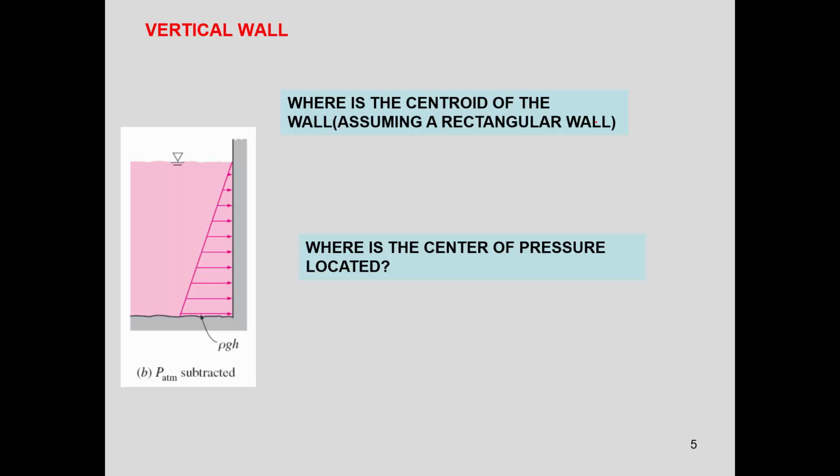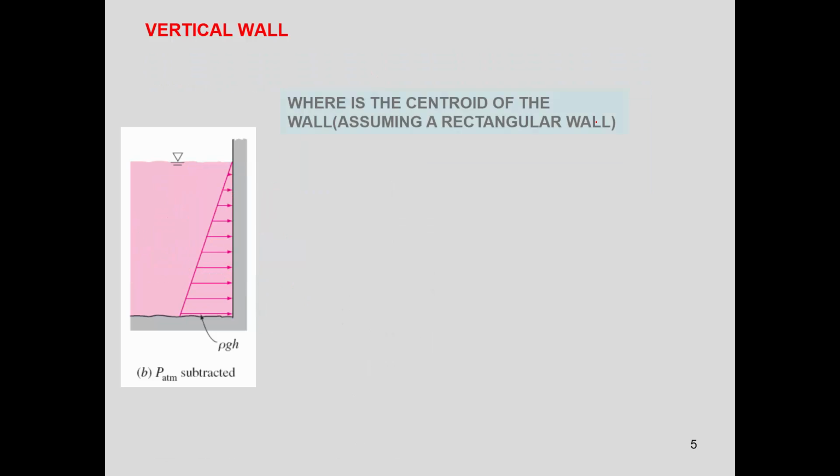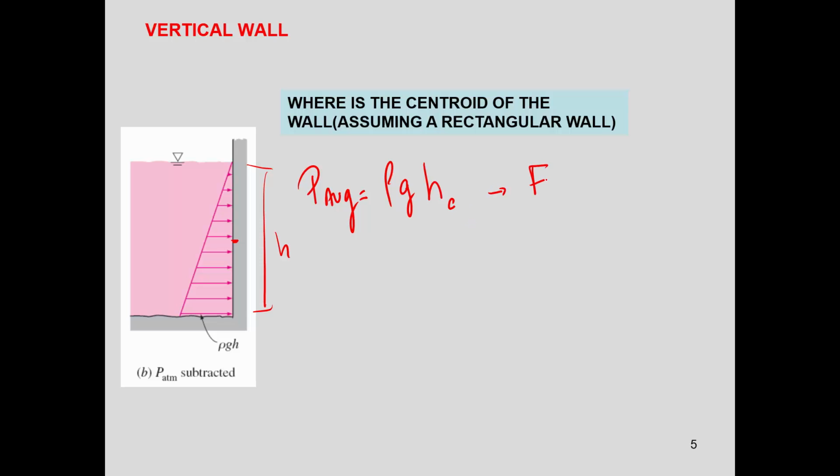So you calculate the resultant force here, in this case you have h, so it's going to be ρg times h at the centroid of the wall, and from there I get my average force, which would be pressure times the area of the wall or the plate.